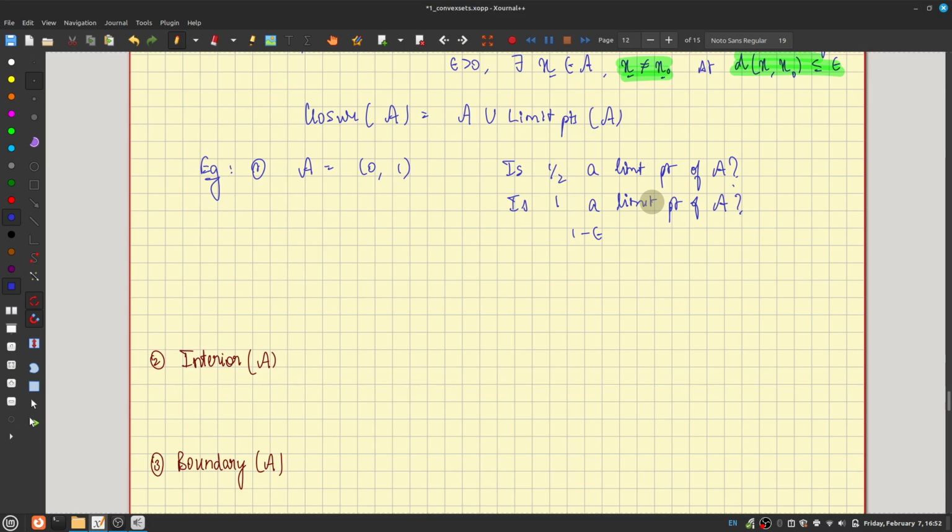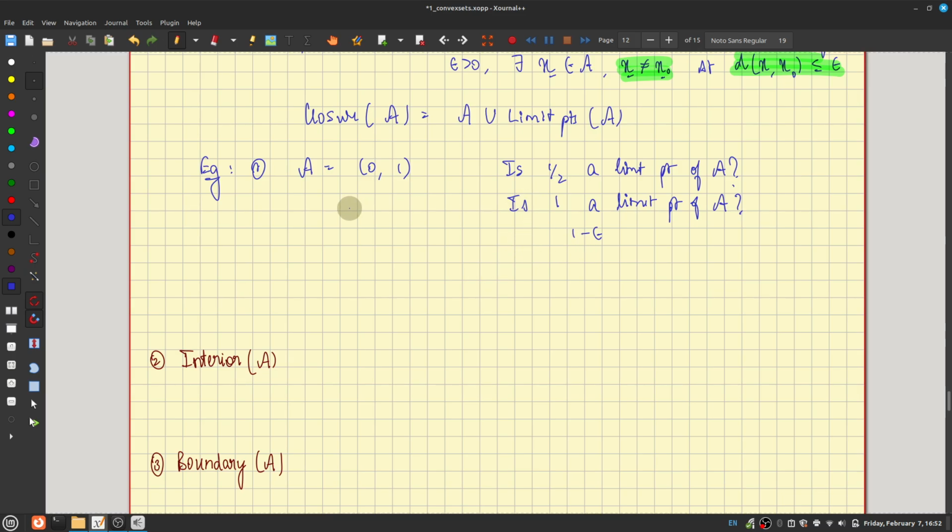So the limit point can be a point outside A. In this case, this is not a closed set because there exists a limit point which does not lie in A. If every limit point is a point of A, then it is closed. In fact, that's usually the way you define a closed set.